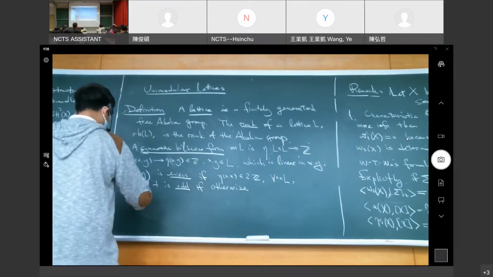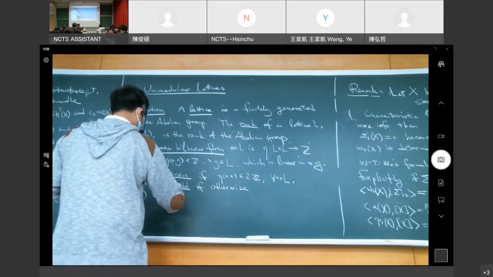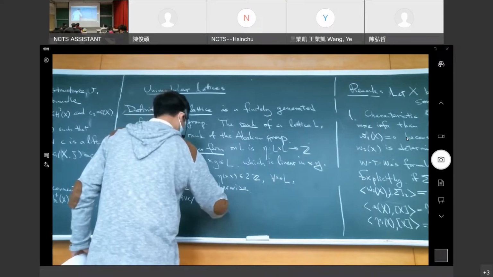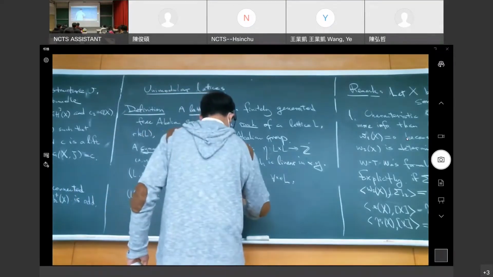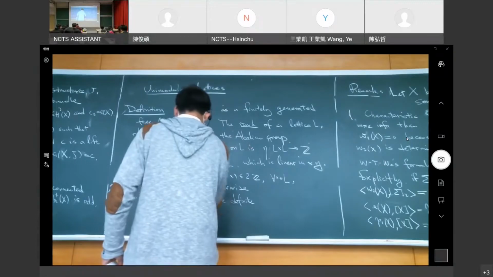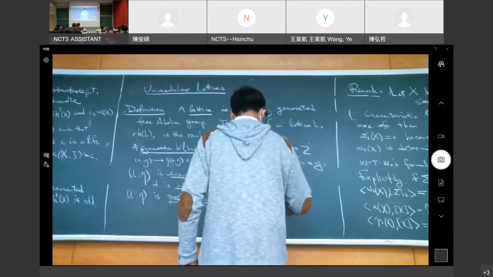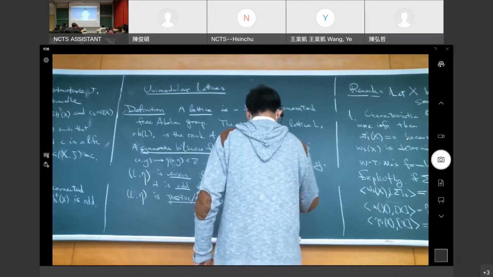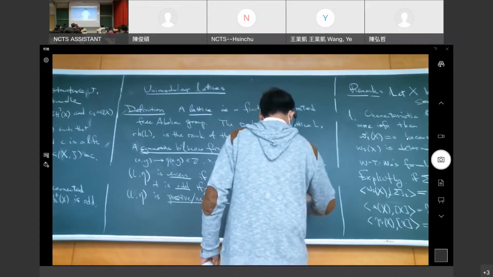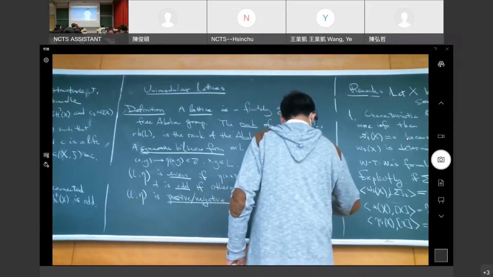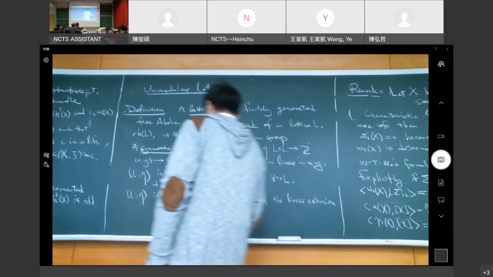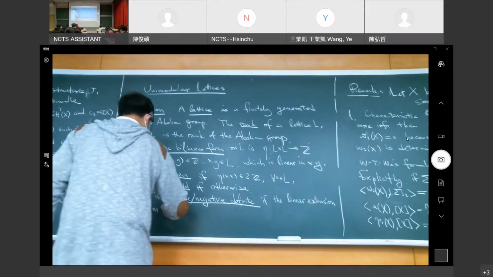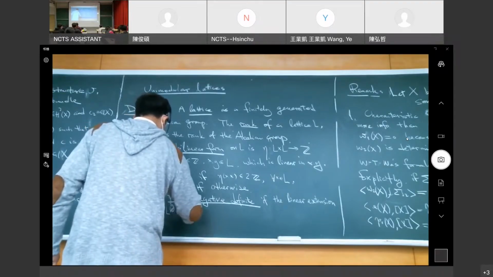So this lattice with eta is called positive or negative definite if the linear extension of eta on the real vector space is so.